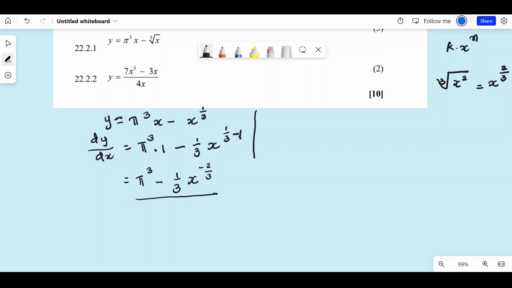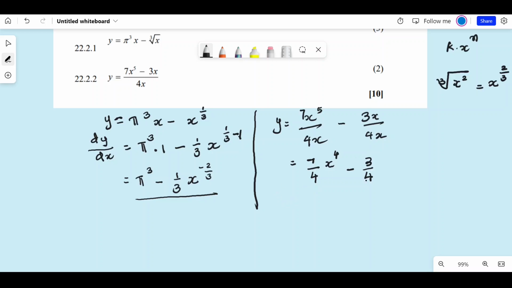Now let's do the second question also here. y equals... So when you have a fraction, if the denominator is a monomial, you divide each term by the monomial. Over 4x minus 3x over 4x, which will give you 7 over 4 is the constant there. x to the power 5 divided by x is x to the power 4, minus 3 over 4 is the constant here. x divided by x is 1.